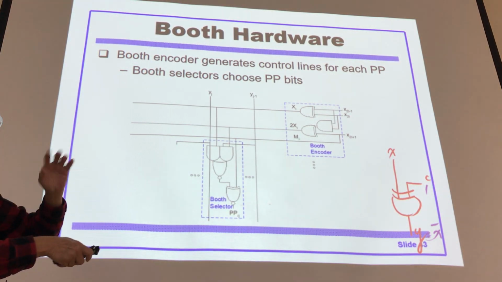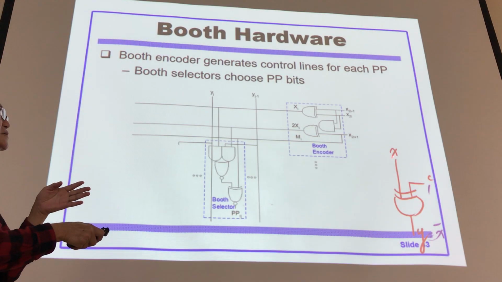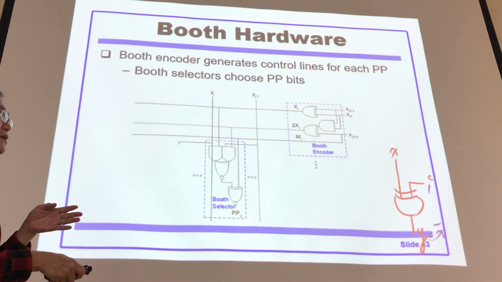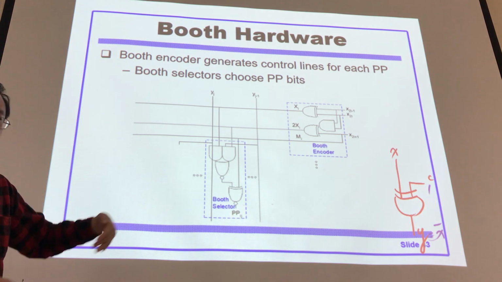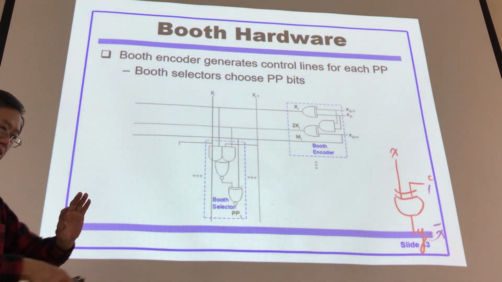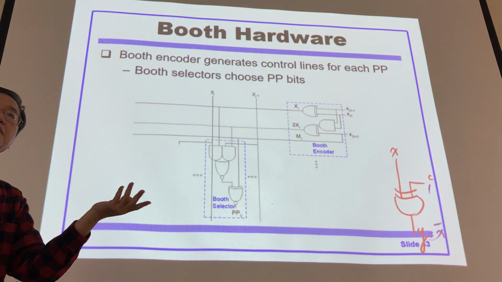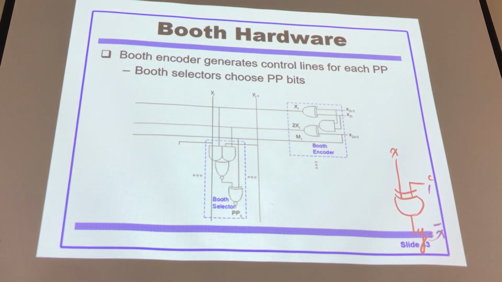So you see C controls the input X to the output Y. If 0, just let it through. If 1, inverted. Is that okay? This is a very useful practice in digital design.